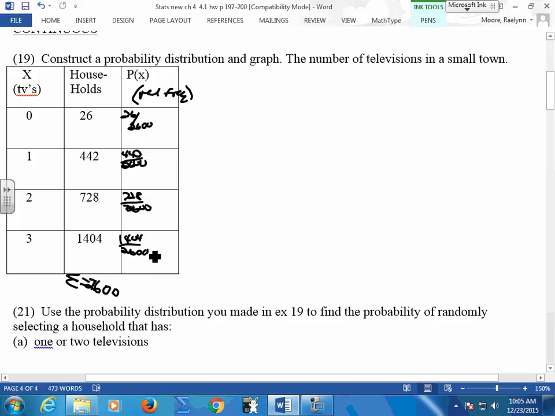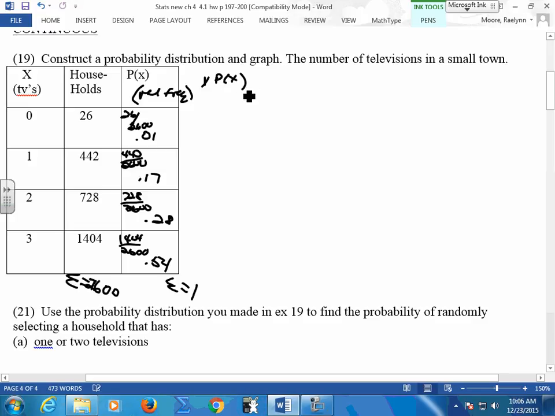When you do your mean, that's when you multiply these guys. So can somebody just write down these decimals if you don't mind? 0.01, 0.17, 0.28, 0.25. And what should these all equal? 1. Now, when you're looking for your mean, that's when you do this.